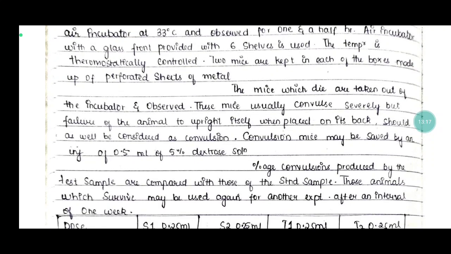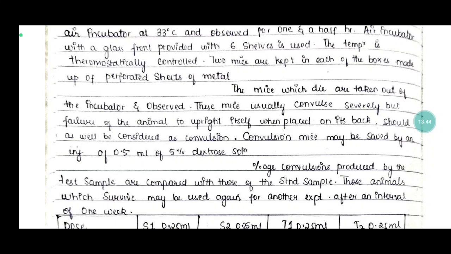The mice which die are taken out of the incubator, and the features are observed. Convulsing mice may be saved by injecting 0.5 ml of 5% dextrose solution.